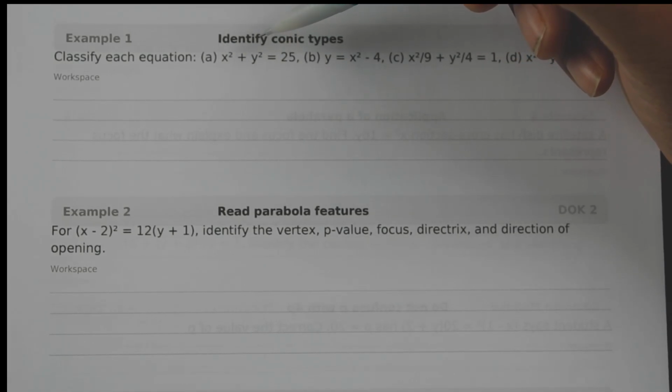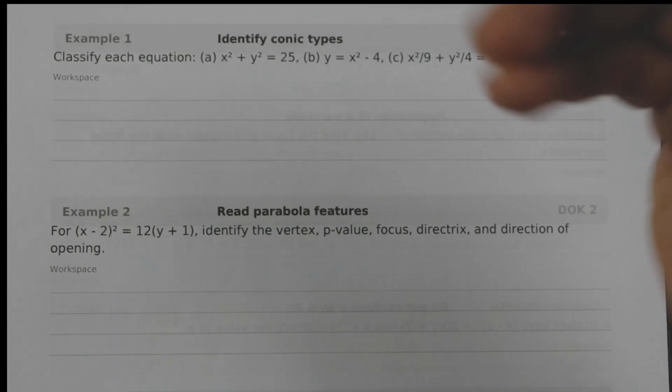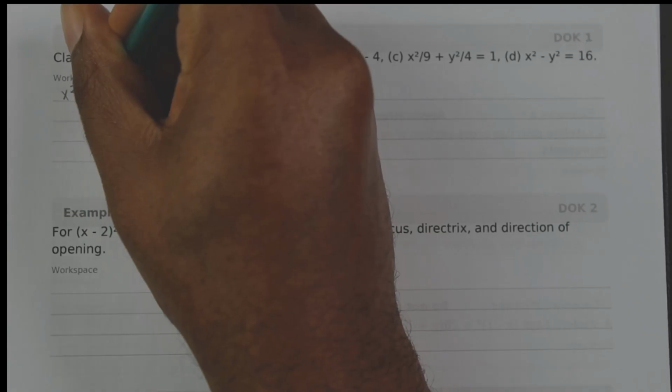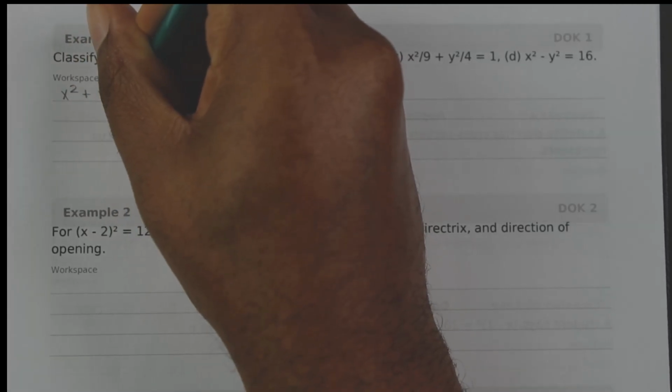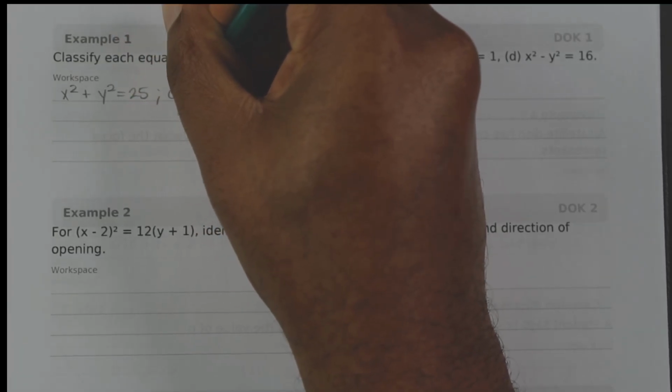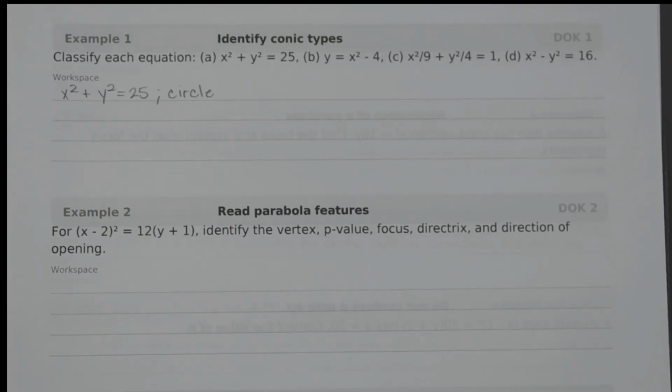So that gives essentially a circle, right? x squared plus y squared equals 25, the circle. That would be the conic type.